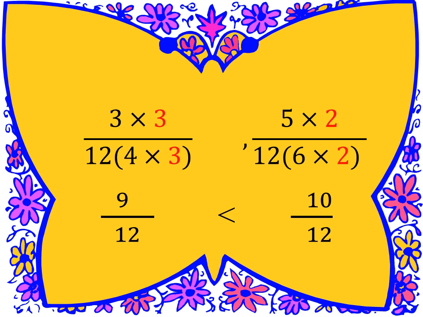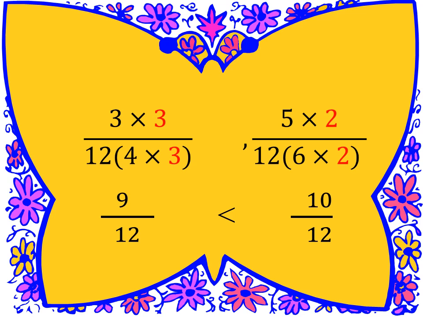Now the second fraction, 5 out of 6. I want to make 6 into 12. How? By 2. Excellent. We also multiply the top number, 5 by 2. Now 5 times 2 is 10, 6 times 2 is 12. The fractions I have now are 9 out of 12 and 10 out of 12, the same denominator.